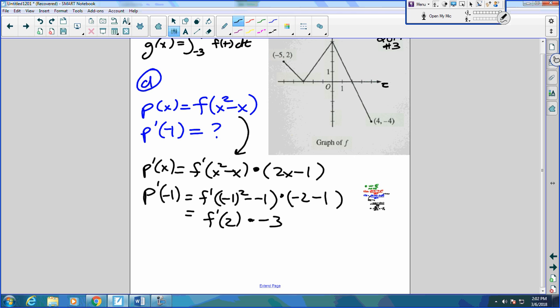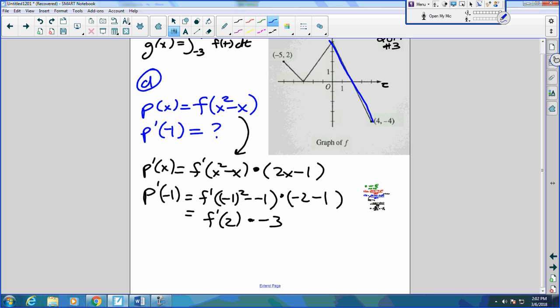So f prime of 2, I'm going to go to 2, and the distractor here, guys, is not 0. That's f of 2. It says f prime of 2, not g prime. It says f prime. So what does it ask? It's not 2 comma 0. It's not 0. It is the slope of this line.